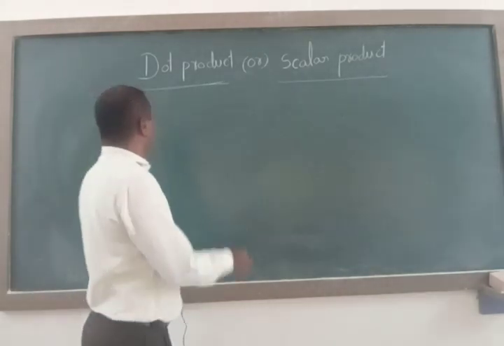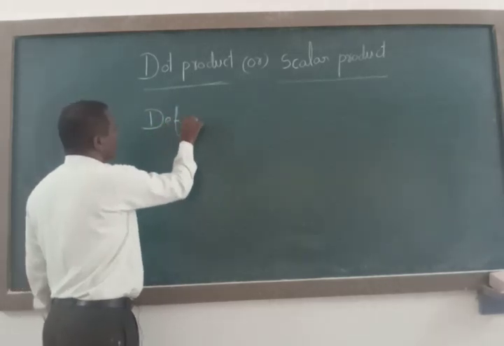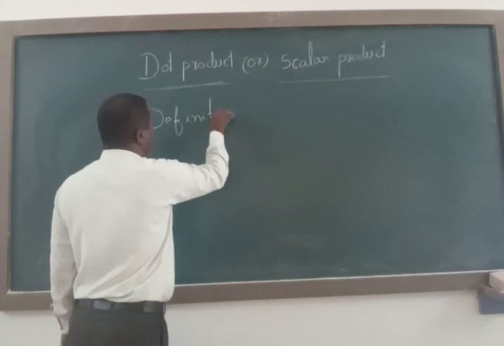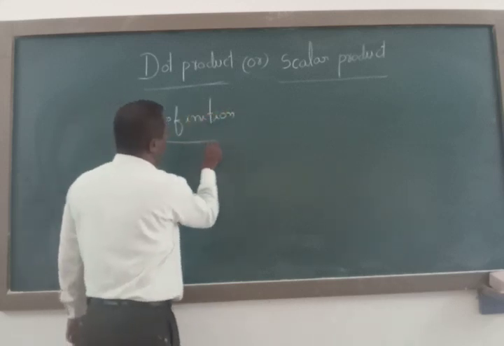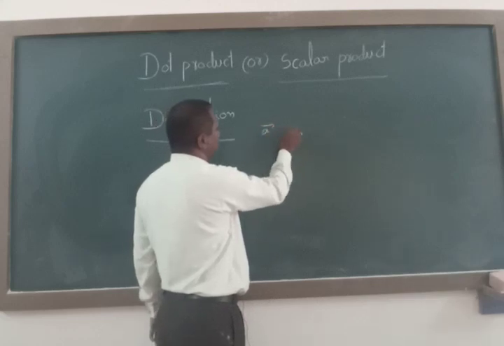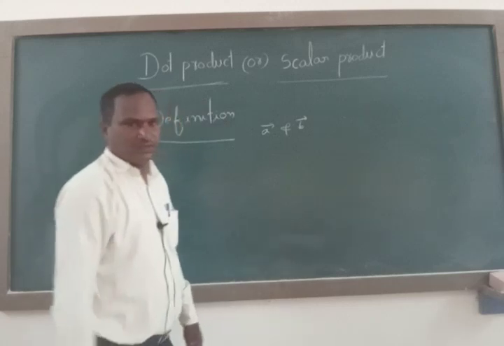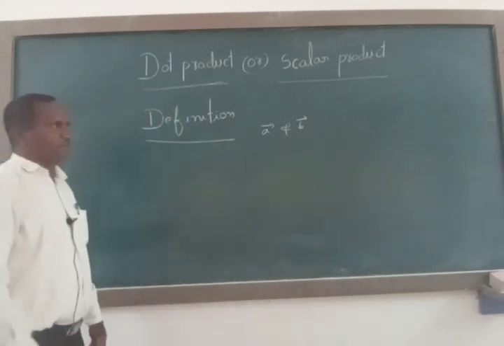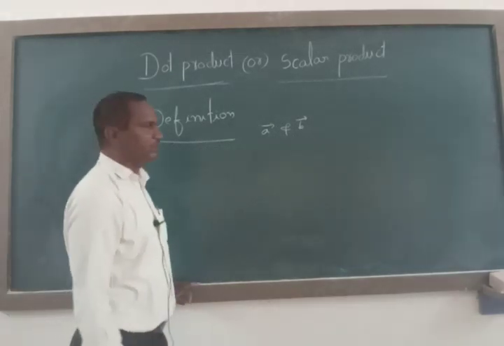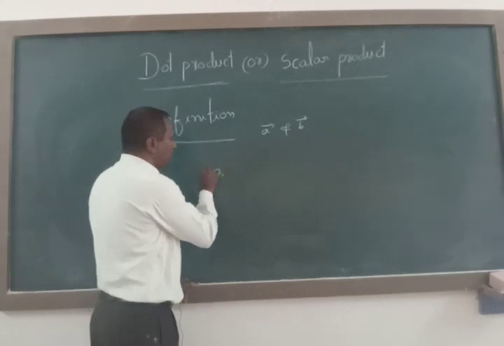Definition for dot product: let A bar and B bar be any two vectors. Then the dot product, or scalar product, of these two vectors A bar and B bar is defined and given by A bar dot B bar.